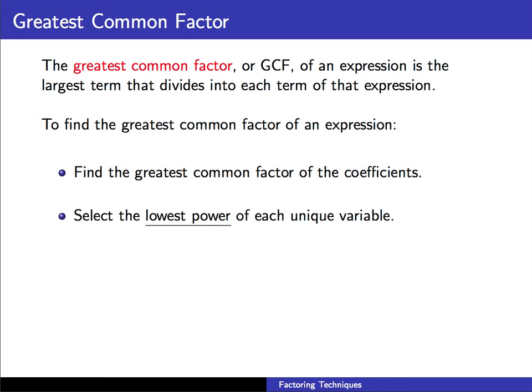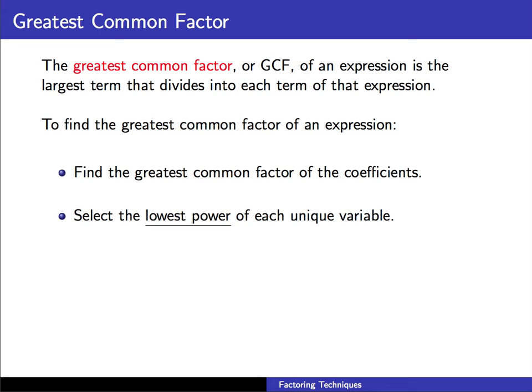Then, as far as your variables go, for each unique variable, so if you have more than one variable, let's say you have an x and a y, select the lowest power of each of those unique variables. For instance, if we have x squared and x cubed, the greatest common factor is x squared, and to see why that is, use actual numbers.